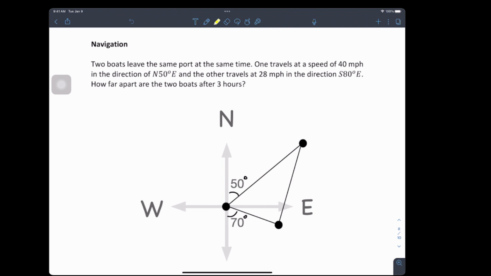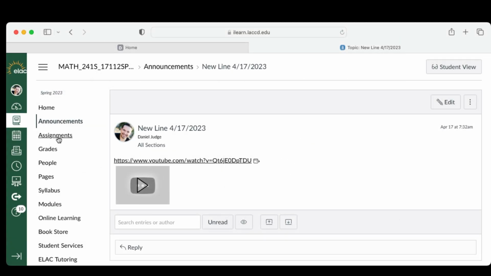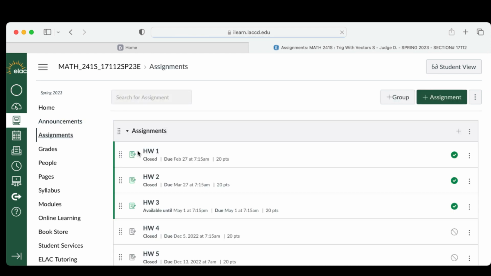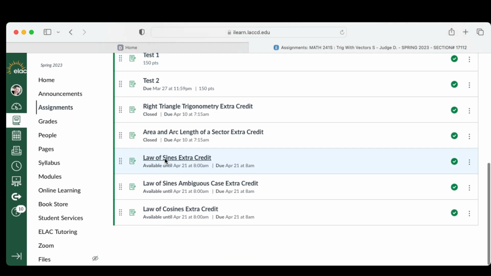These are word problems. I did send you guys some extra credit. If you go to the assignment portion in the browser, you'll notice I have been giving some people extra credit, hopefully you're connected to Canvas like I've asked, to keep them honest.